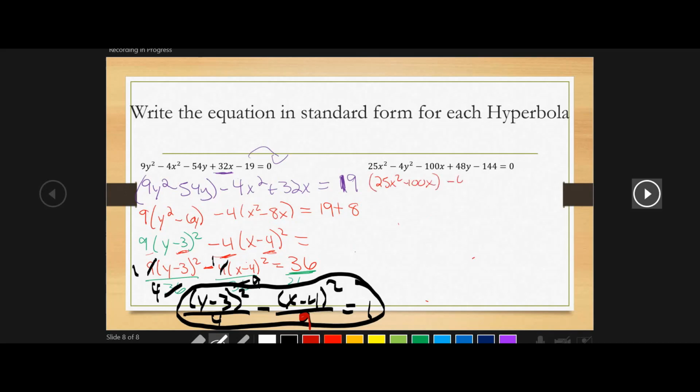And then I have the minus 4y squared and the plus 48y equals 144. Again, I'm moving that over. All right, so this time GCF is 25, x squared minus 4x. This time GCF is a negative 4, y squared minus 12y.